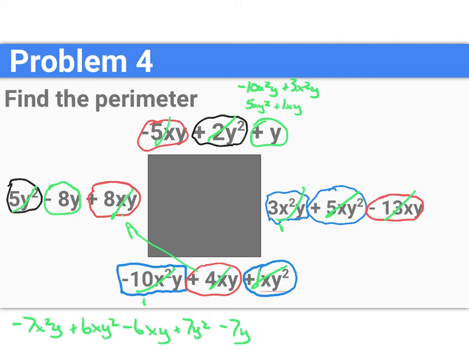So you had 4xy plus 8xy minus 5xy minus 13xy. And then we dealt with our black circles, which was 2y squared plus 5y squared. And the next thing you dealt with was your green circles, which was y minus 8y. So I wrote it all out long ways for you just so you can see what I added because I did the math in my head.